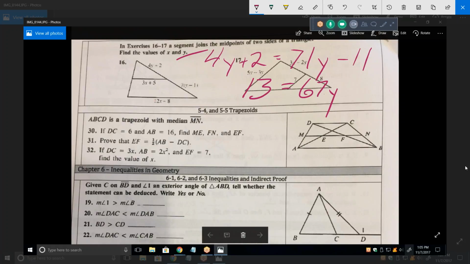Positive coefficients or positive numbers are always better than negative numbers. Negative numbers cause people to make mistakes. Had I done it the other way, I would have had minus 67y equals minus 13. Well, that's the same thing, but I'm looking at two negative signs. All right.